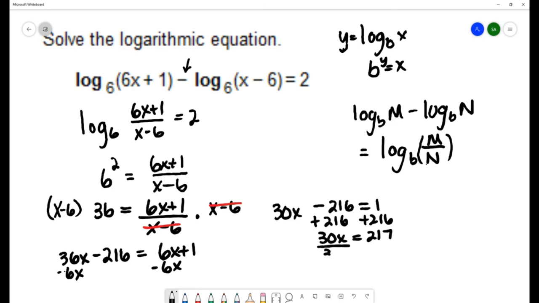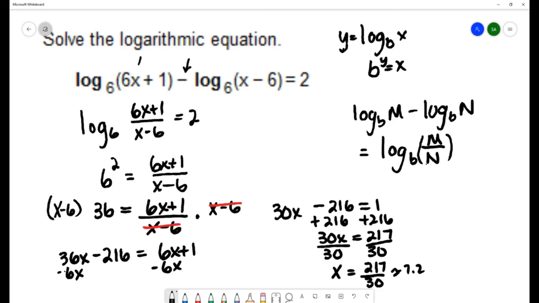And I'll divide both sides by 30. So that gives x equals 217 divided by 30. So 217 divided by 30 is going to be about 7.2.